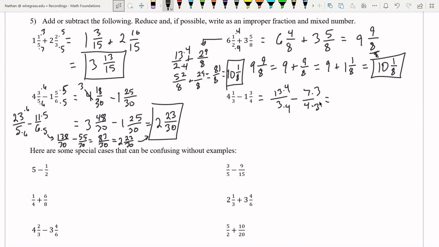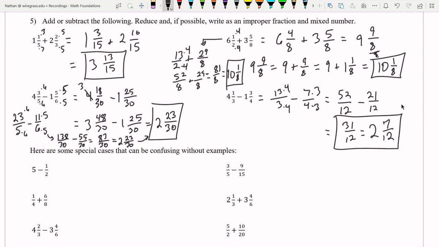So it'll give me 52 over 12 minus 21 over 12. Okay, subtracting that, it's going to give me 31. And then writing this as a mixed number, 12 can go into 31 2 times evenly. It's going to be 24. 31 minus 24 is 7 over 12. Okay, and those are the answers there.